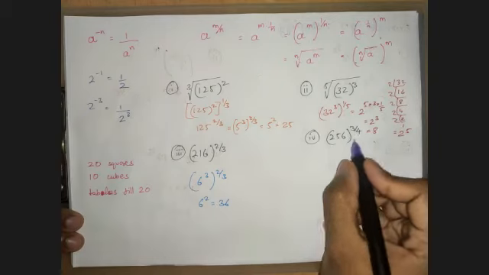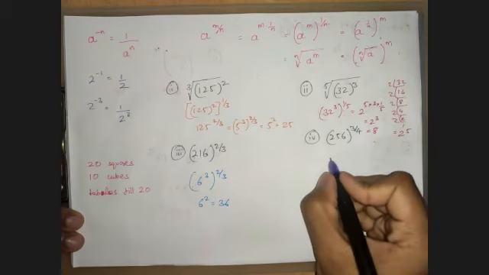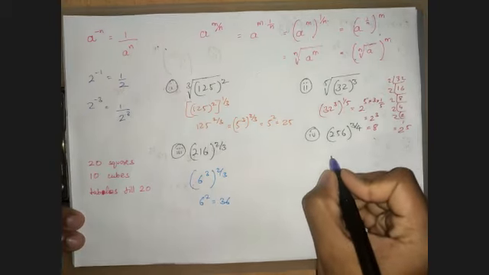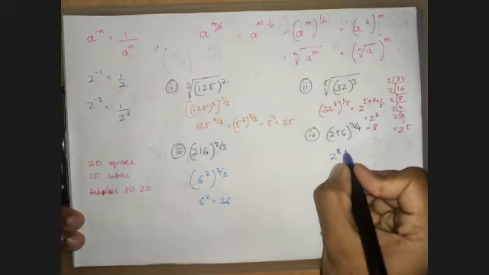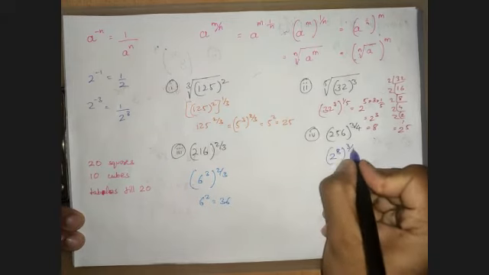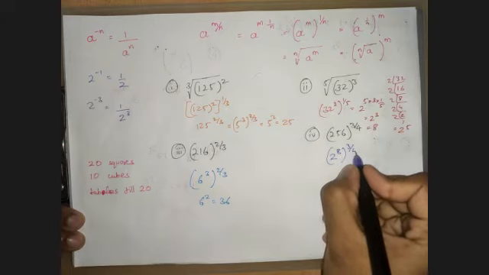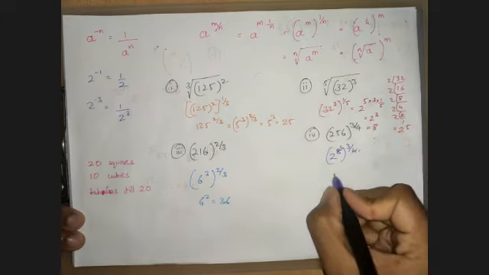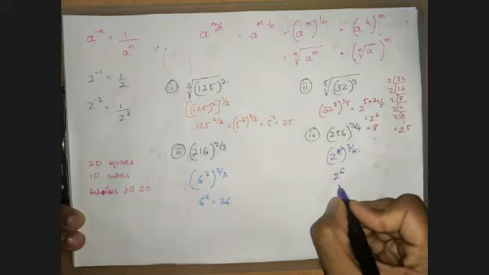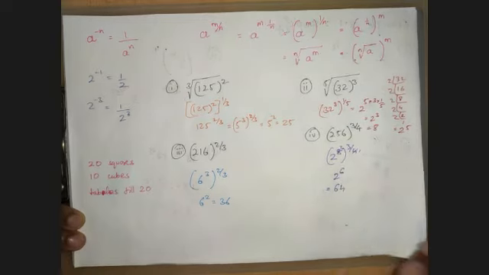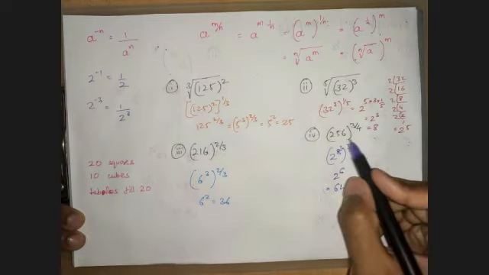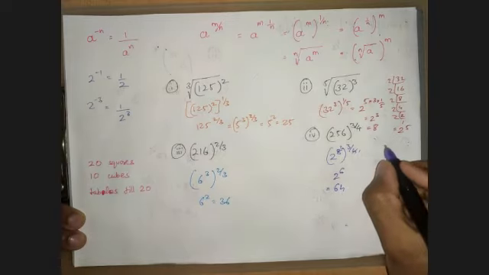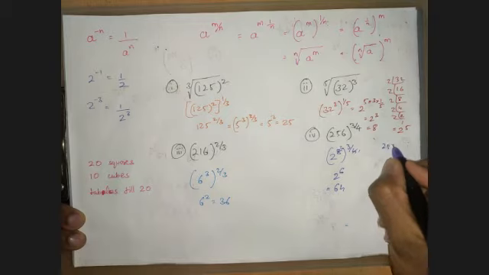Now this is 256 whole power 3 by 4. I know that 256 is 2 power 8, whole power 3 by 4. So this would be 4 ones are 4, 4 threes are 12. So this would be 2 power 6, that would be equal to 64. If you are not sure with this, we can factorize 256.